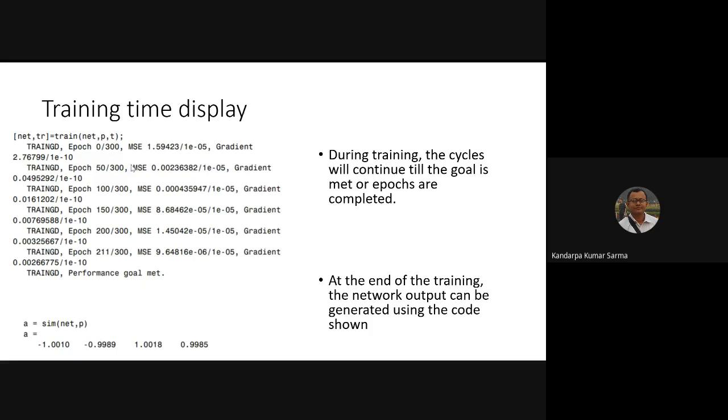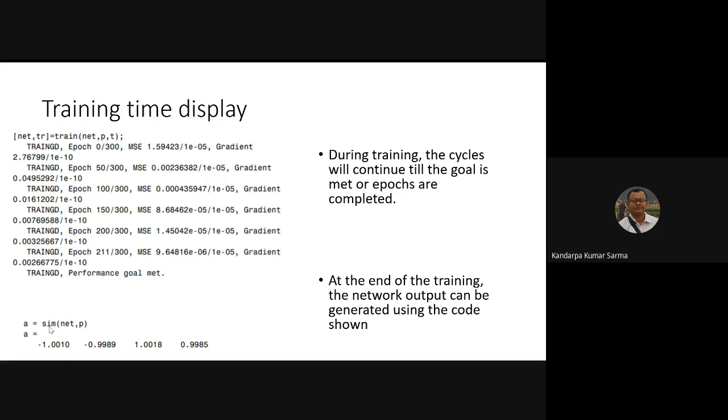Okay, so here is the display that we will have while the training is on, and at some point of time when the MSE goal is met by this train GD function, that will be displayed like this. Then we can generate the response from the network by the use of this sim function.